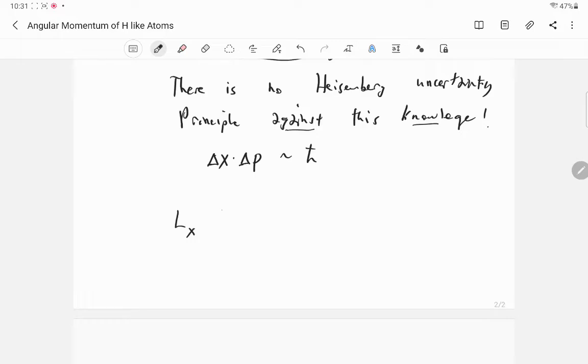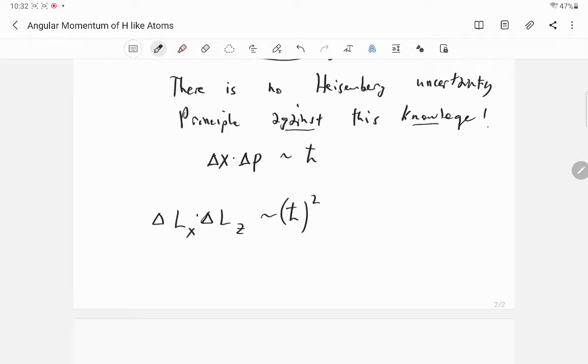But what is true, though, is we cannot know, for example, Lx and Lz. That is, there's going to be an uncertainty principle between simultaneous knowledge of those two things. Interestingly, this is an angular momentum and this is an angular momentum, so if I multiply amounts of angular momentum, I've got angular momentum squared dimensionally.